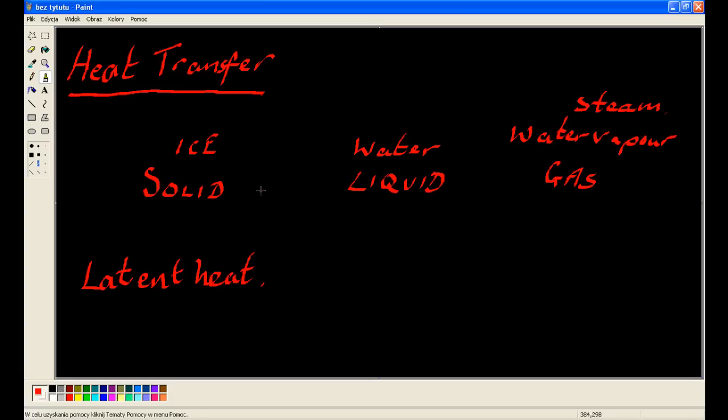So when these change state, we get a release of latent heat. It's called latent heat because it's as if the heat is hidden.